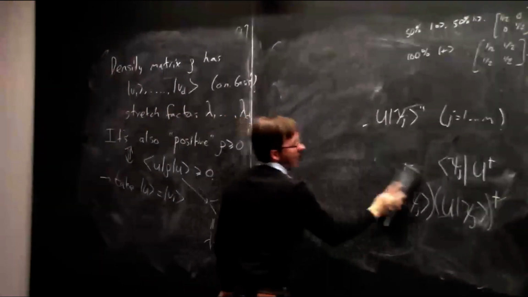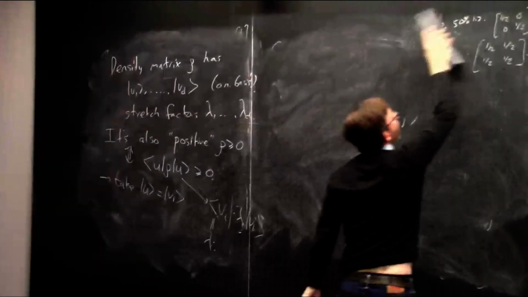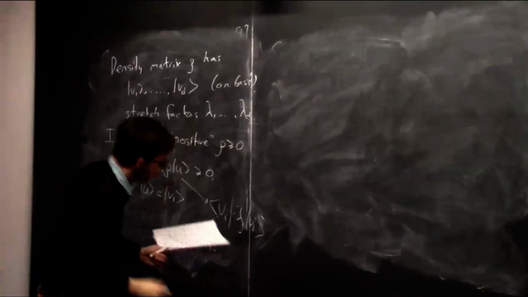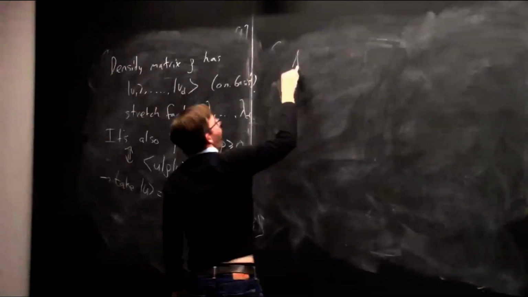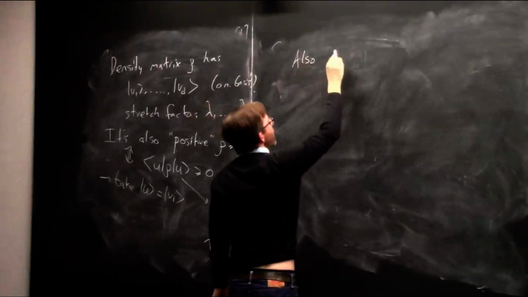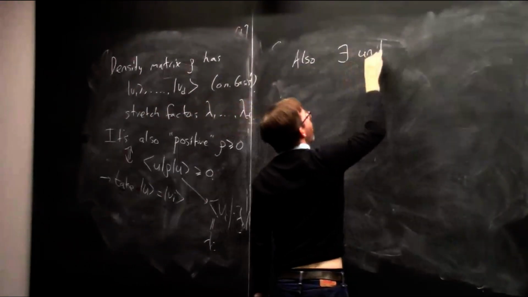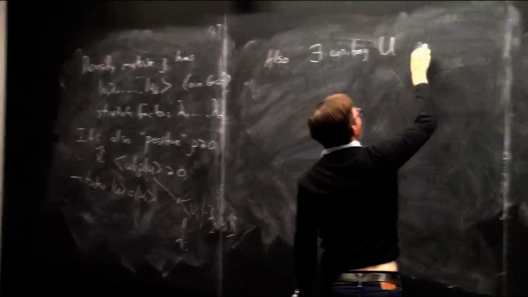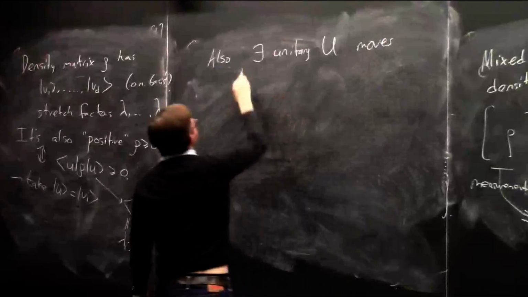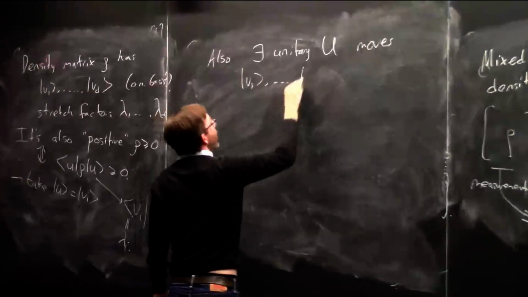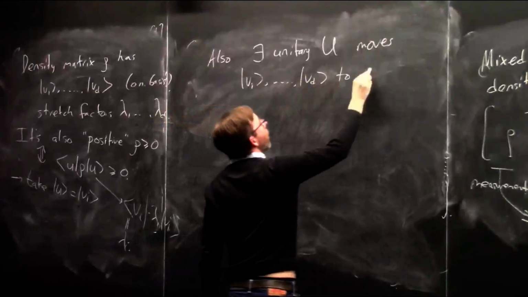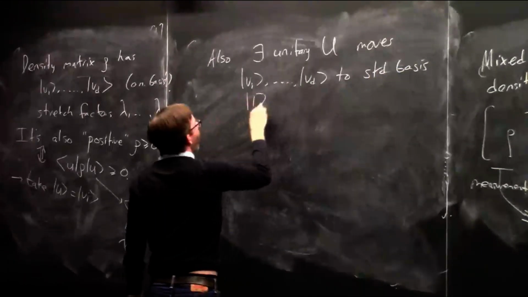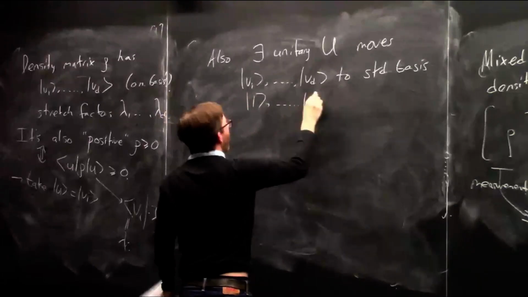OK, so this density matrix has these v's, this orthonormal basis associated to it by virtue of it being a Hermitian matrix. So there exists a unitary u which moves or rotates v_1 through v_d to the standard basis 1 through d.